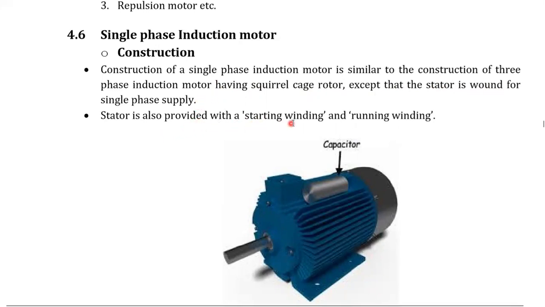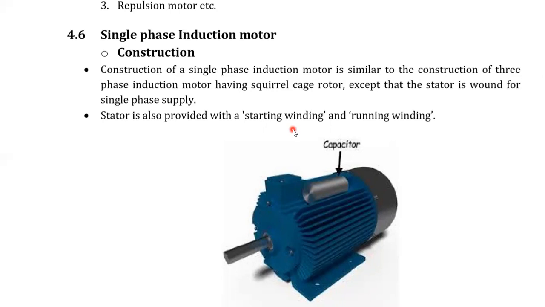The stator is provided with a starting winding and a running winding. These two windings are used in a single phase induction machine. But in a three phase induction machine, there are no separate starting and running windings, only one winding per phase: R phase, Y phase, and B phase windings.